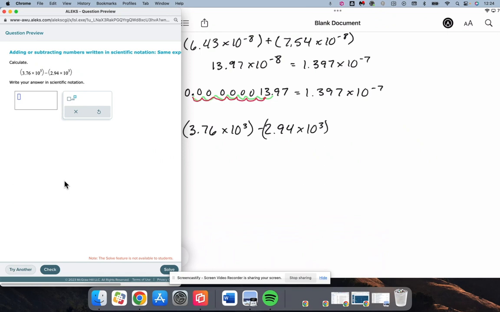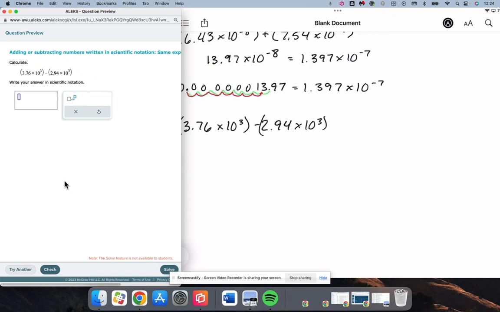Okay, so 3.76 minus 2.94. I'm going to use my calculator. 0.82. Keep the exponent the same when we add or subtract numbers in scientific notation.